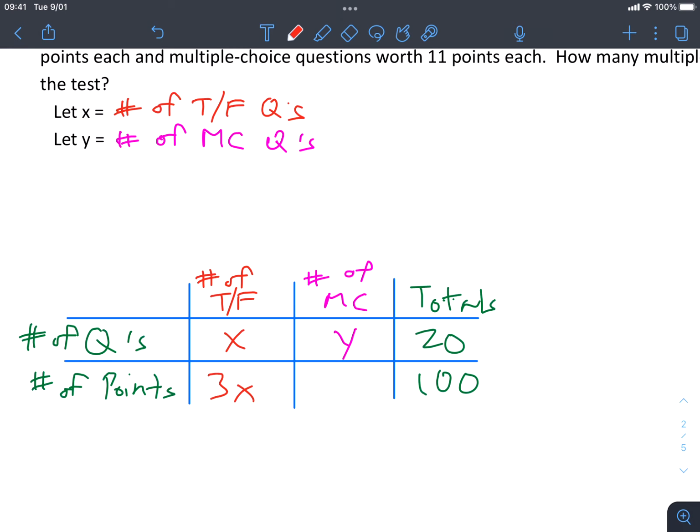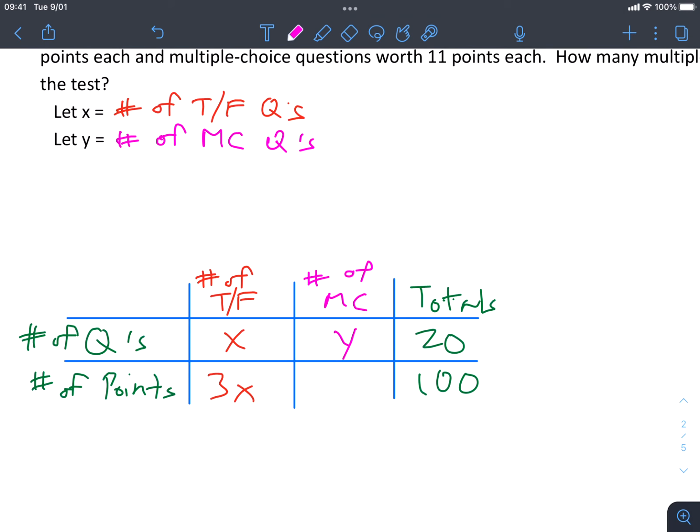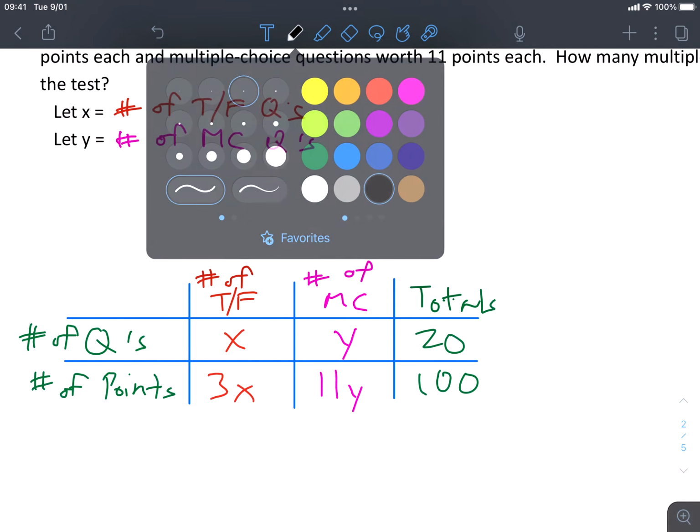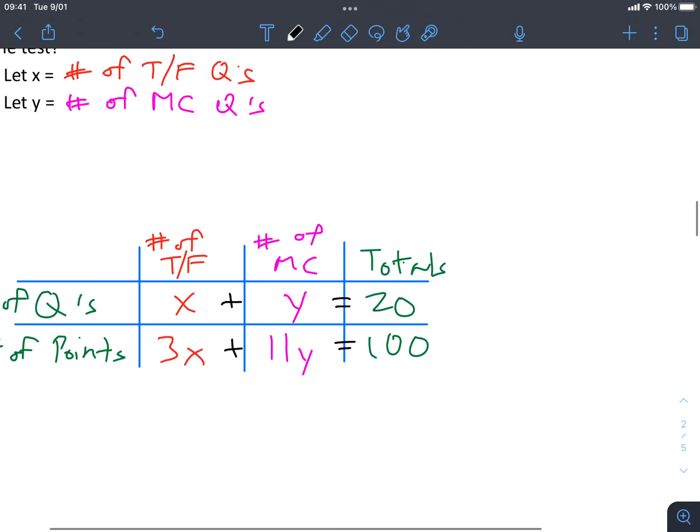Each true and false question has 3 points each, so 3 times X. And multiple choice questions are 11 points each, so 11Y. So then again, we came up with an equation, right? X plus Y is equal to 20, and 3X plus 11Y is equal to 100.